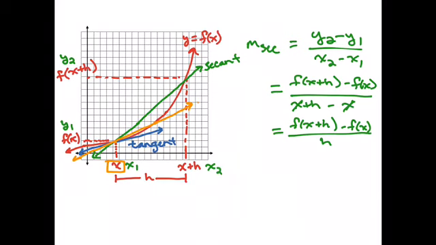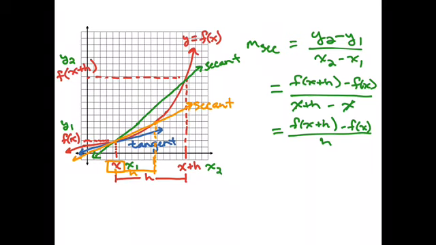Okay, so I have a new secant line here, but it's a secant line because it goes through in 2 points. But I've changed my h to be smaller than it was before, right? Now look at my secant line, my new one in yellow, compared to the green one.